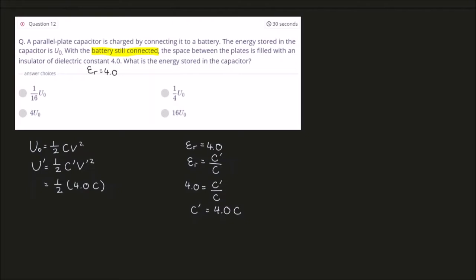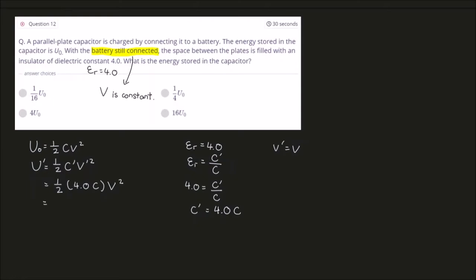How about the potential difference across the capacitor? Well, I've mentioned the keyword. The battery is still connected. So what it means is the V must be constant. The V should not change because the battery is supplying a fixed potential difference to the capacitor. Okay, so your V should not change. In that case, V prime will be equal to V, so you can just replace V prime here with V squared.